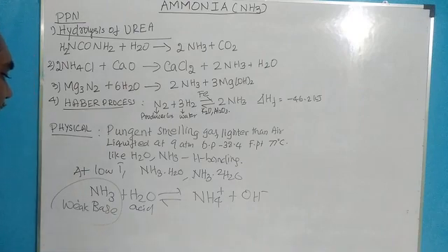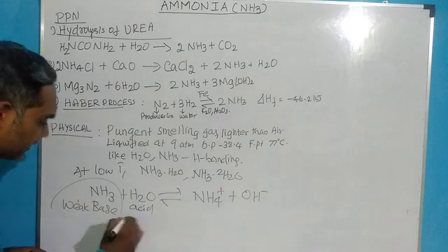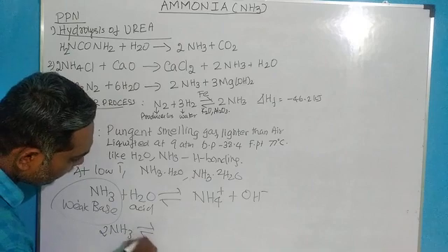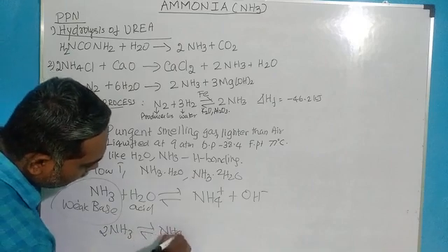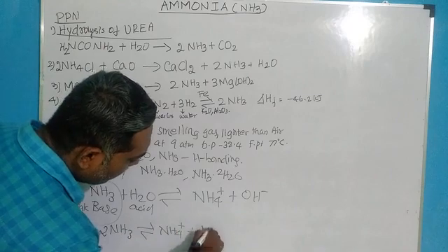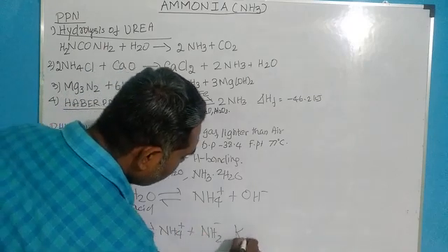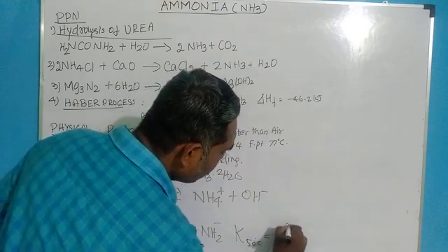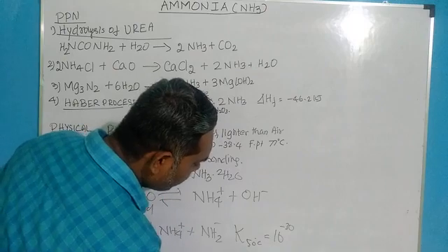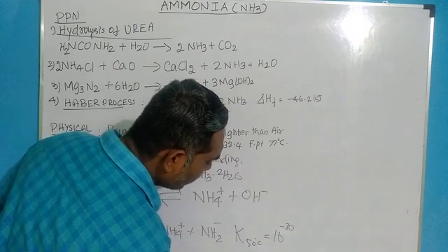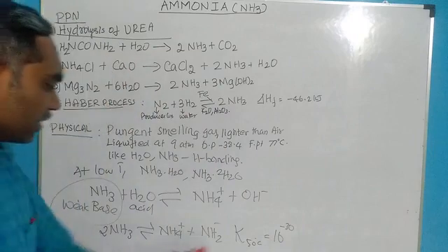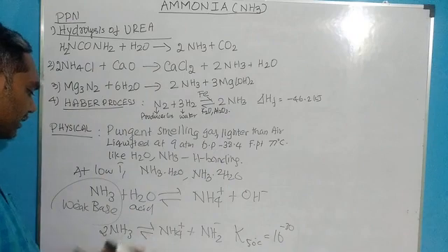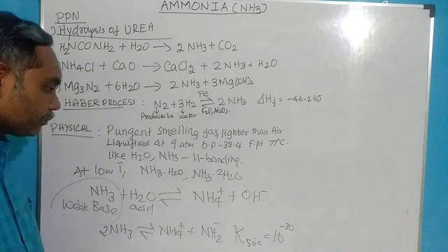Like water, it also has a dielectric constant. 2NH3 becomes NH4 plus and NH2 minus. The ionic product at 50 degrees centigrade is around 10 to the power of minus 30, and for water it is around 10 to the power of minus 14. So ammonia can act both as an acid and a base.